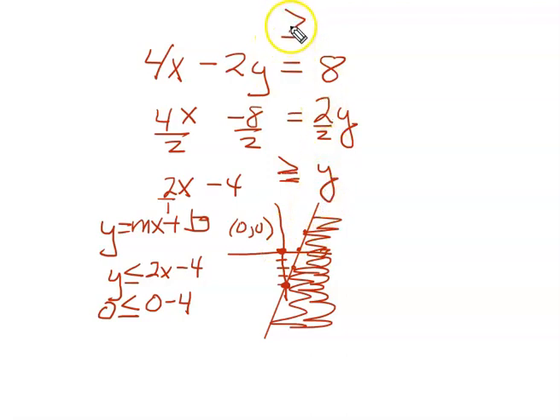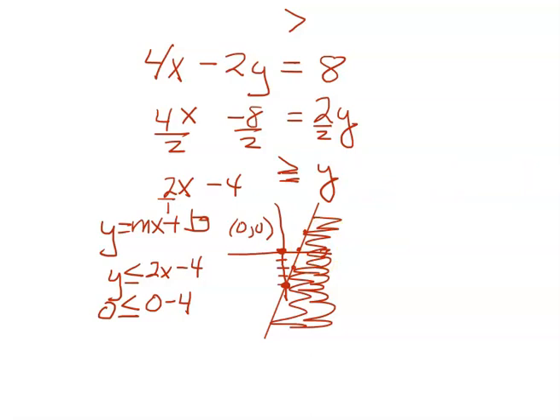So being this configuration of the inequality sign, greater than or equal to, anytime it's equal to, it's a solid line. Now, if it was only less than, this would not be a solid line. This would be a dotted line.